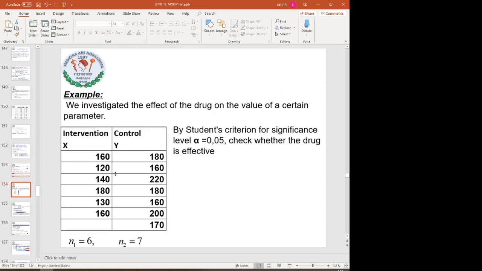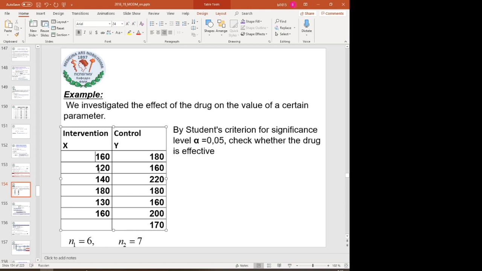Let us look at some small example. Again, we have an intervention group that got some drug, and the control group then got placebo, and we have measured some parameter. This parameter for the intervention group is here.